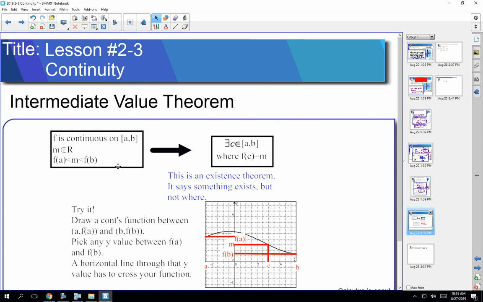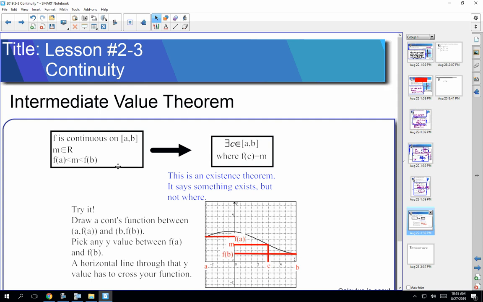So f is continuous on, in this case, a closed interval [a, b]. It doesn't always have to be a closed interval, but for the intermediate value theorem, f has to be continuous on a closed interval [a, b]. m is an element of the real numbers. And m is between f of a and f of b, not necessarily including those values.